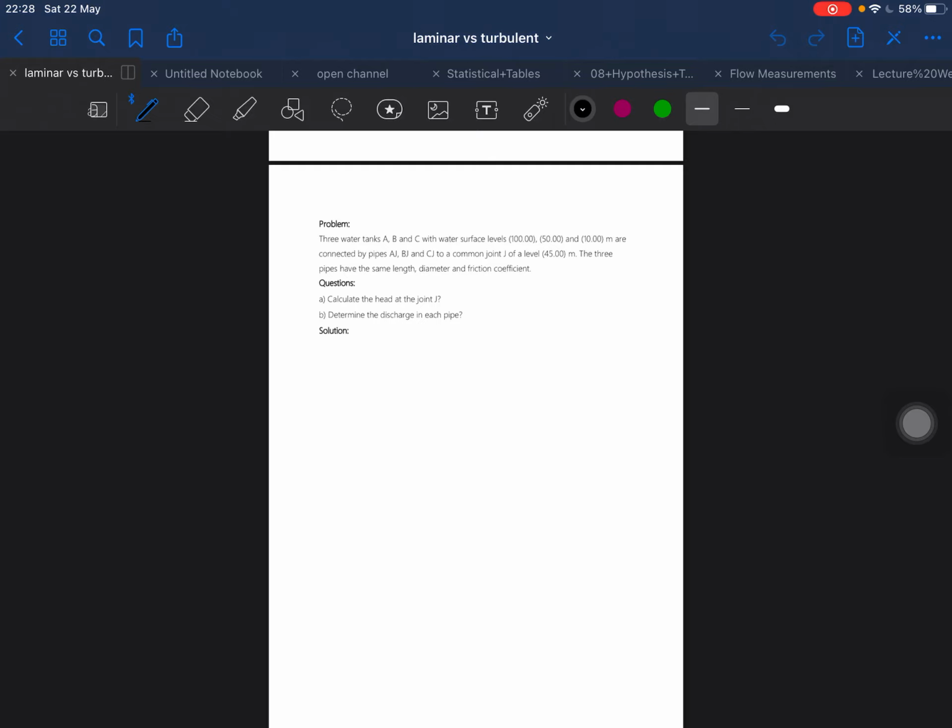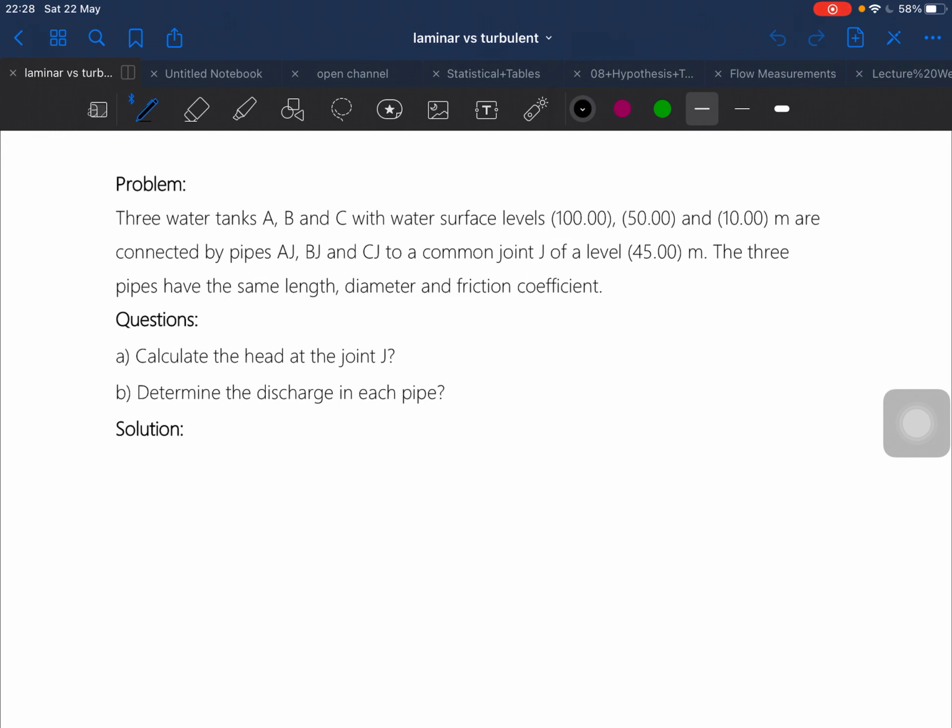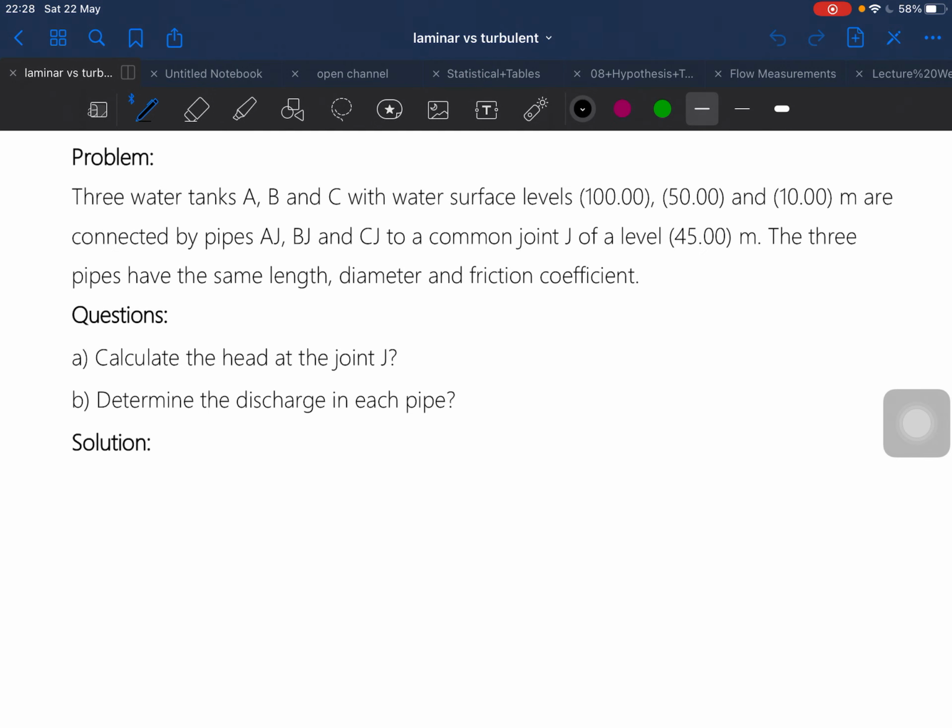Hello guys, I'm sorry, there were some technical errors. I needed to charge my pen for a little bit, so now I'm back with the exercise on laminar and turbulent flow. It says there are three tanks A, B, C, with water surface levels of 100, 50 and 10 meters, connected by pipes AJ, BJ, and CJ to a common joint J with a level of 45 meters.